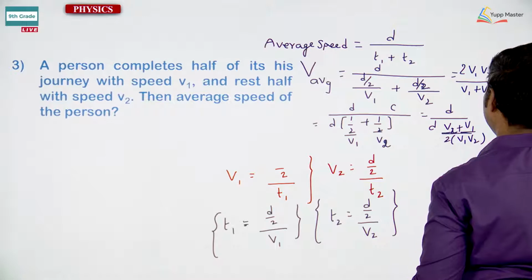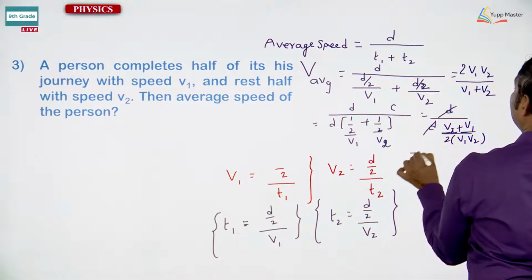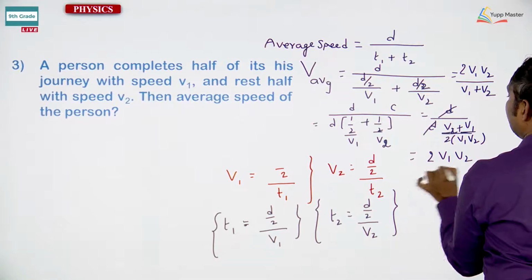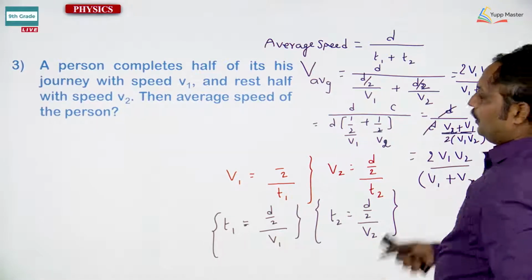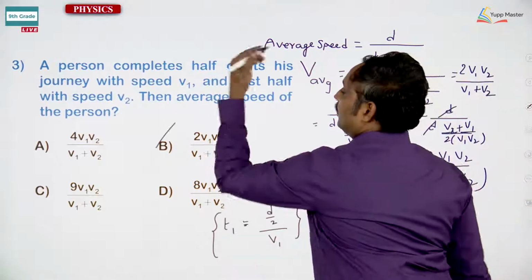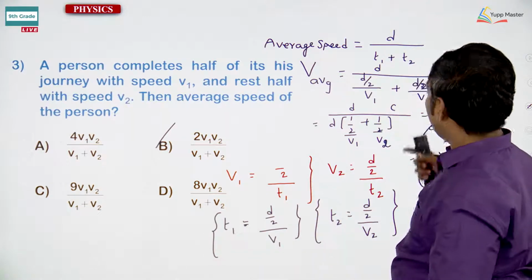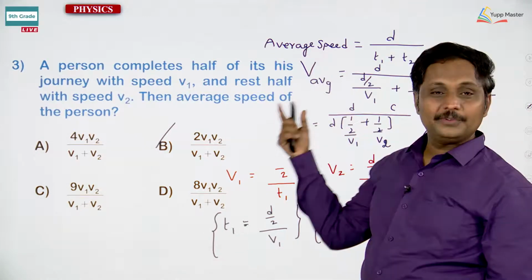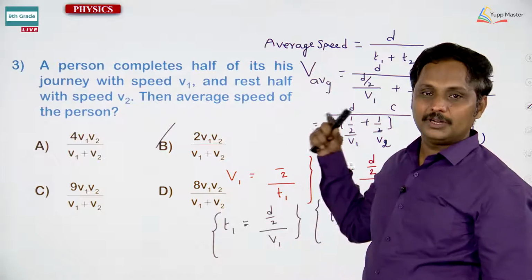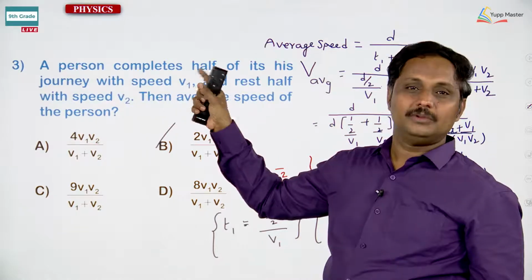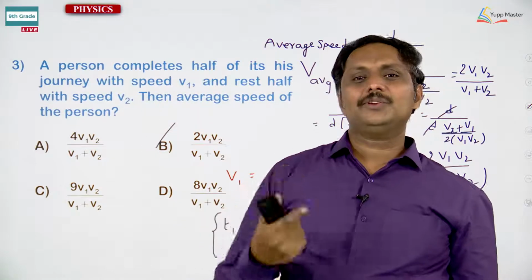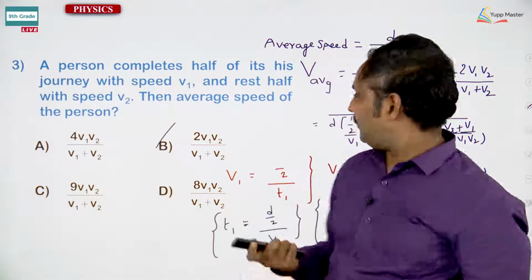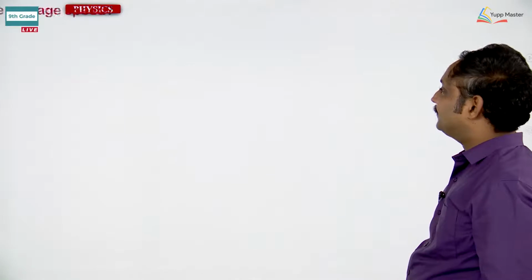Just take the cancellation, that is 2 V1 V2 by V1 plus V2. This is the answer. In this problem they have given that half of the distance is covered at speeds V1 and V2. Sometimes they will give 3 by 4 or whatever it may be. Let us see another problem.